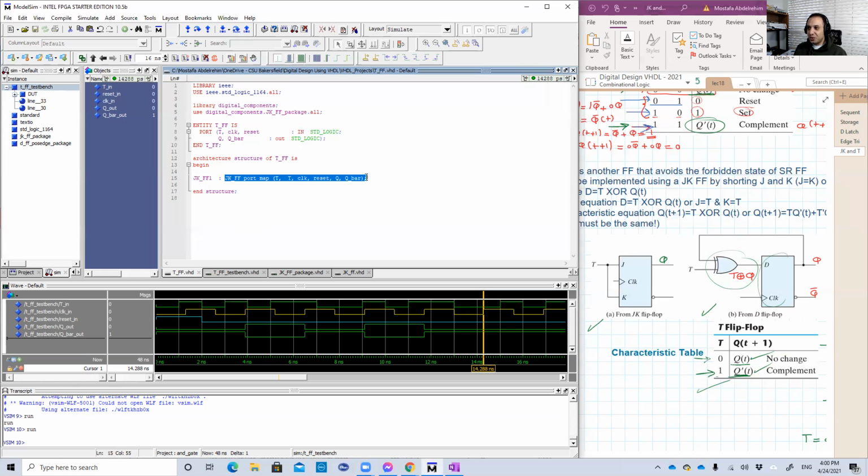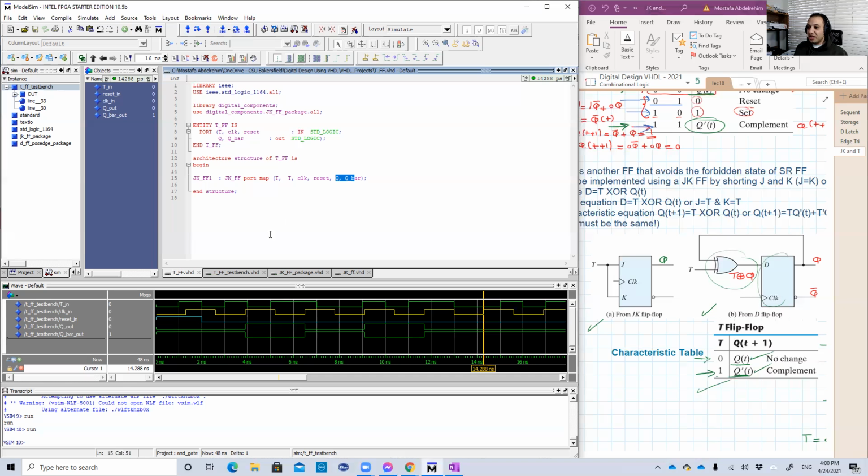The JK flip-flop has J and K inputs, so I'm connecting the same input T to both J and K, just like the design we see on the screen. Then the same clock, same reset, and same outputs, Q and Q bar.